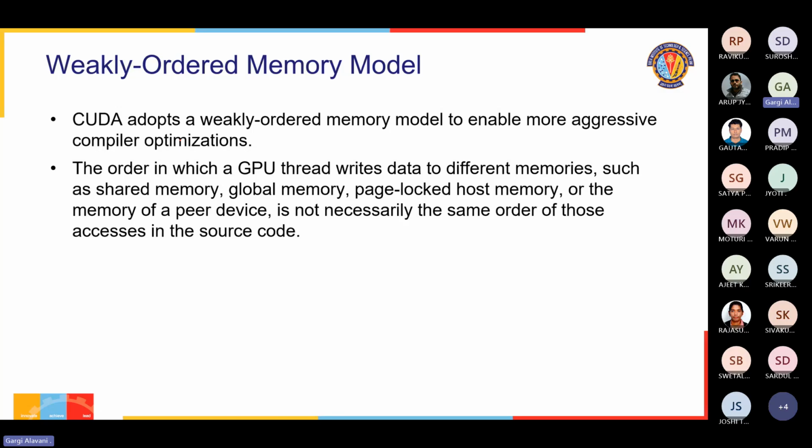There are different kinds of memory models, such as strict memory models and sequential memory models, but those have strict rules on how the data should be accessed or updated in memory. CUDA does not do that because it wants to apply aggressive compiler optimizations. It wants to provide you the maximum performance, and putting a lot of rules may delay the execution, the data fetching, or the data updation.